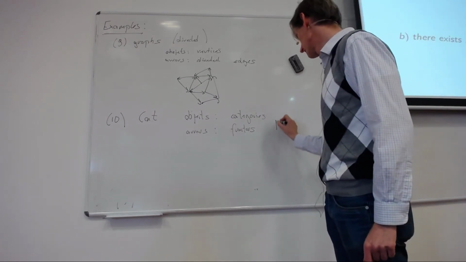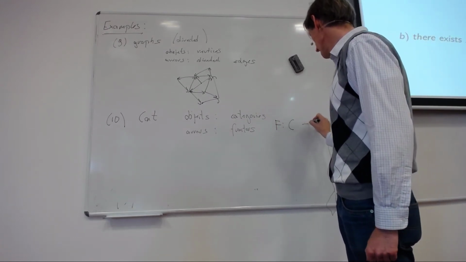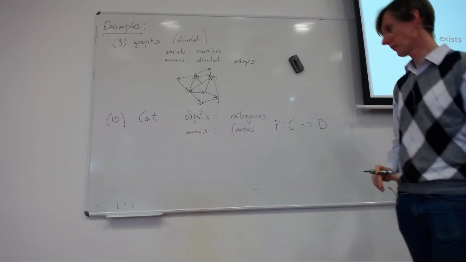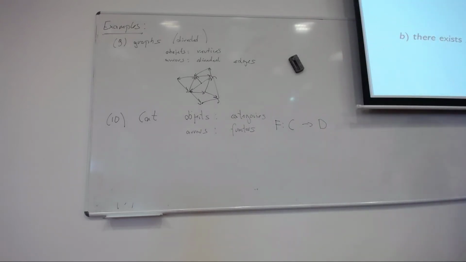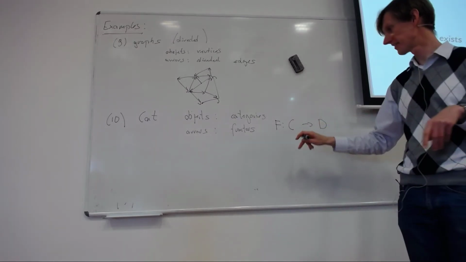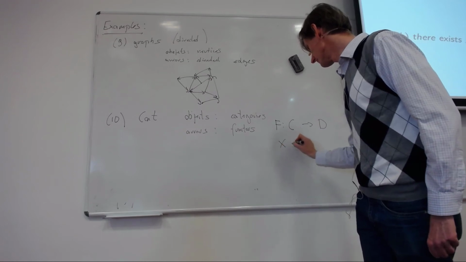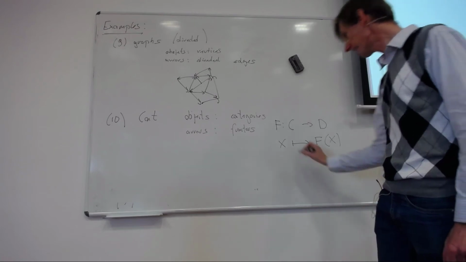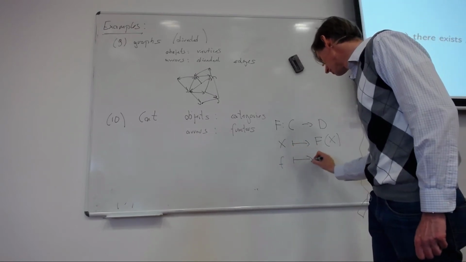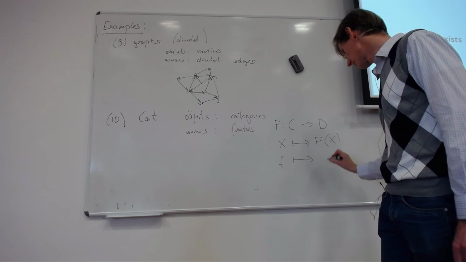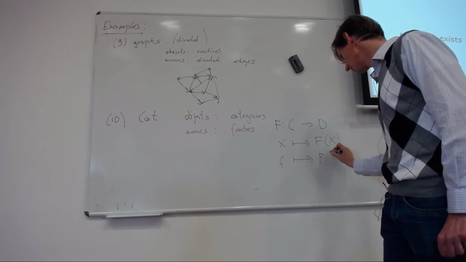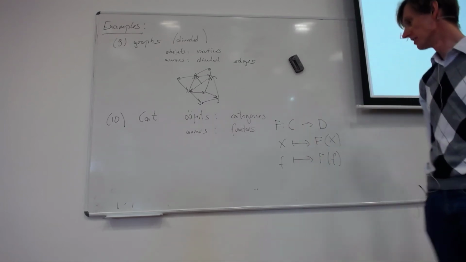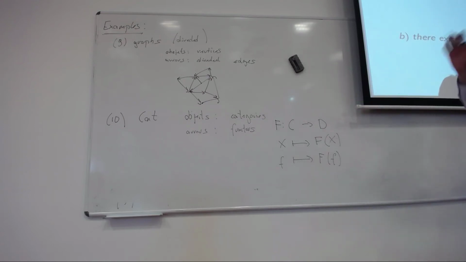So a functor between a category C and a category D is an assignment. I don't really want to use the name function. It's an assignment that assigns both objects from D to objects from C, and morphisms from D to morphisms from C, such that certain natural axioms are satisfied.